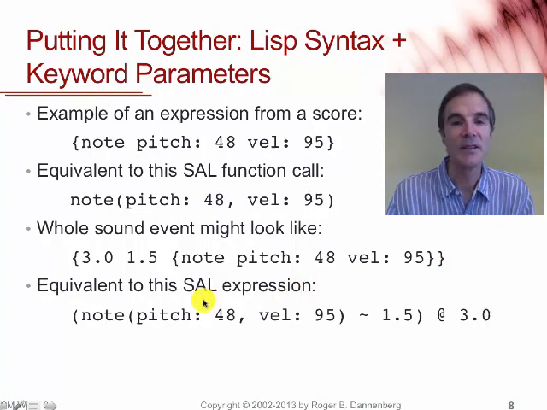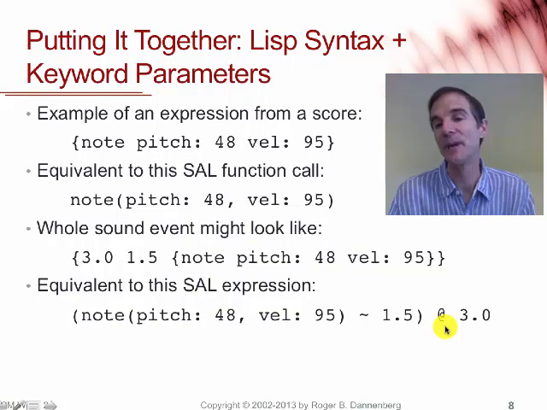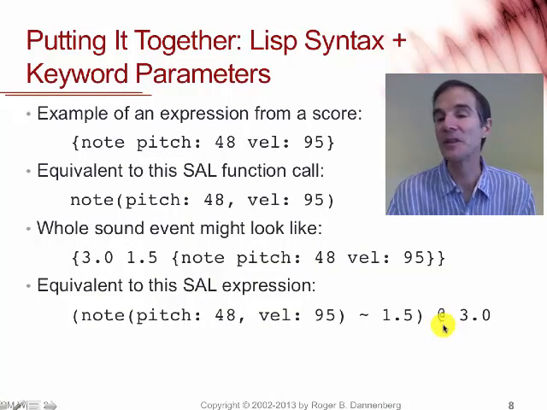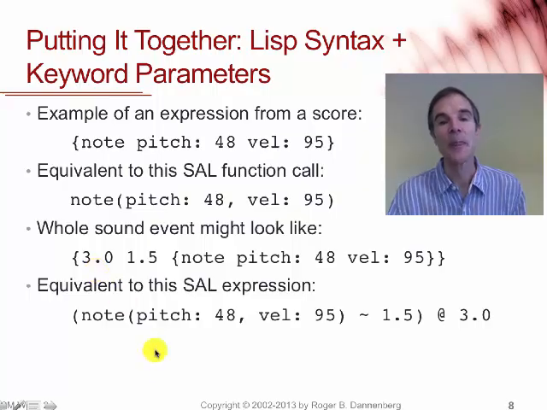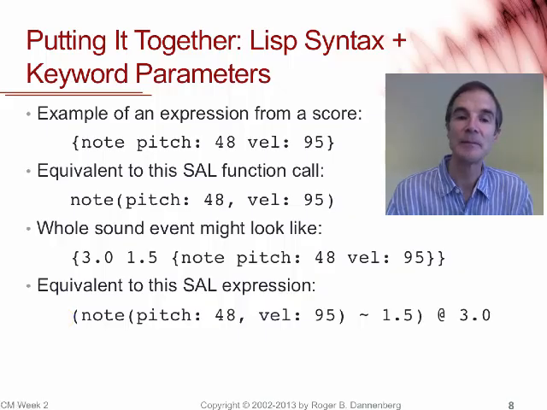And this is then equivalent to writing the function call note of pitch 48, vel 95 with a duration of 1.5. That comes from here. And we haven't learned about @ either, but this is the time shift operator. So we're saying we want all of this to start at time 3, which comes from the starting time in the score. So the score is just very directly translated into function calls.